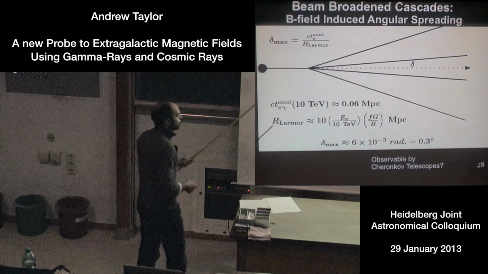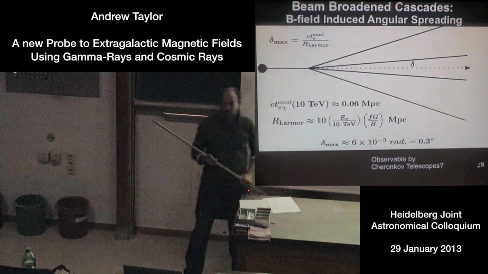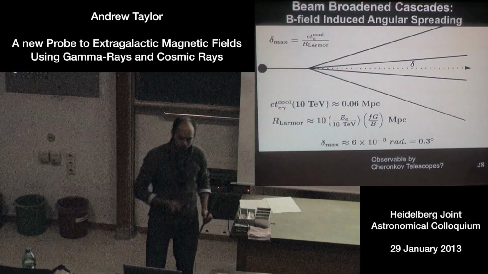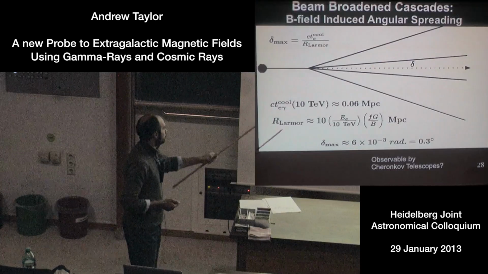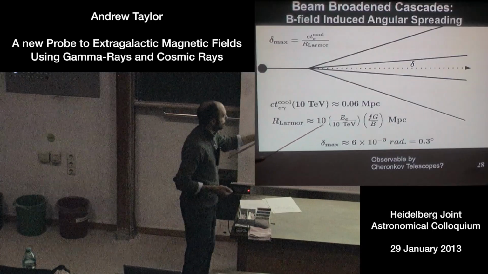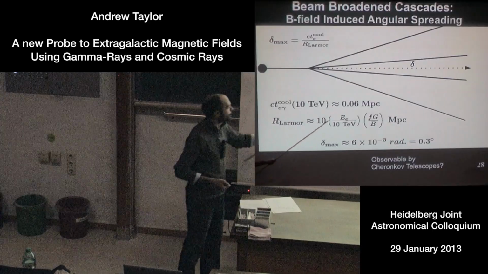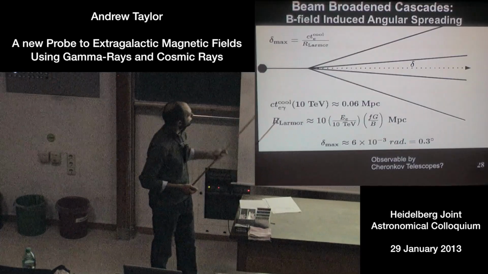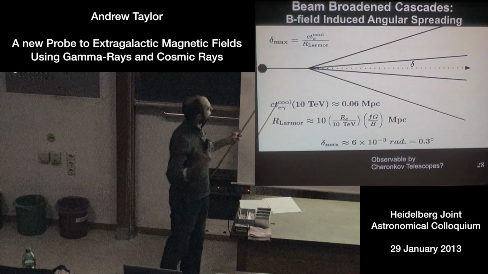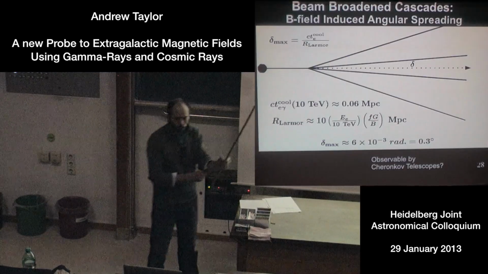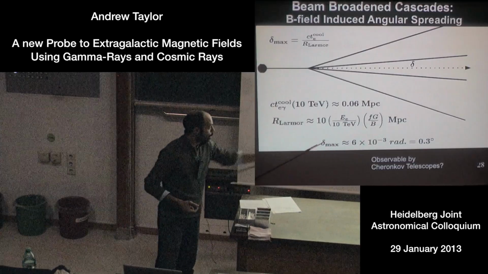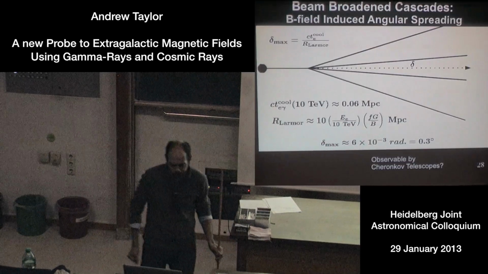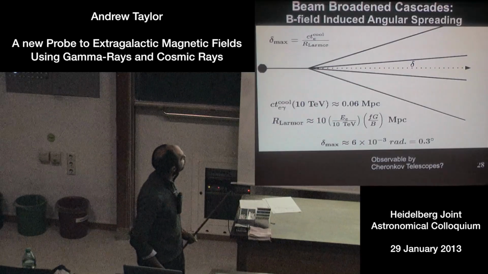And for stronger fields, so I'm talking about femtogauss fields, much stronger than I could get before using my SED data, for femtogauss fields, I get Larmor radii of the order of 10 megaparsecs. Like I was mentioning before, I've got cooling times of the order of 0.1 megaparsec, so I can get deflections of the order of 0.3 degrees or so from this effect.